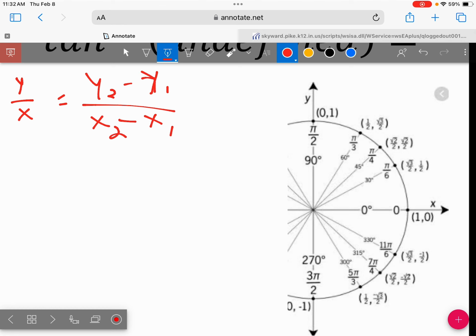Well, our x1 and y1, that point, is going to be the point at our origin. And what are the coordinates of our origin? 0, 0. So y1 and x1 are just 0. If we cross that out, we see that the coordinates of our point are going to give us the slope of the line connecting the origin and that point.